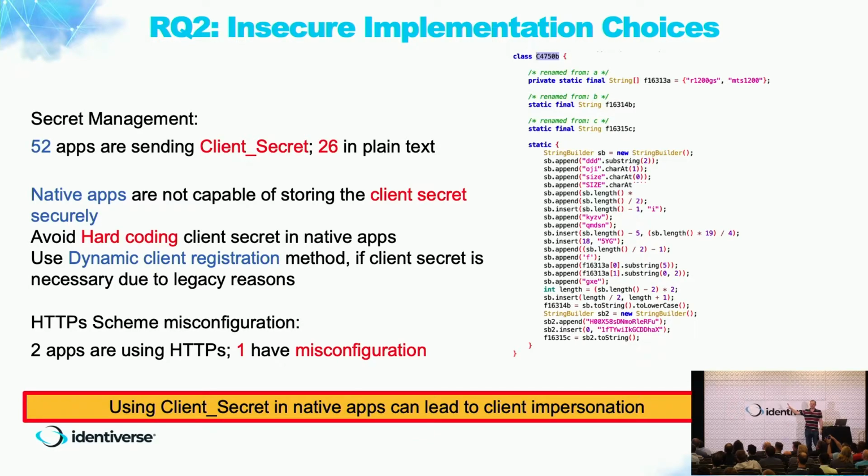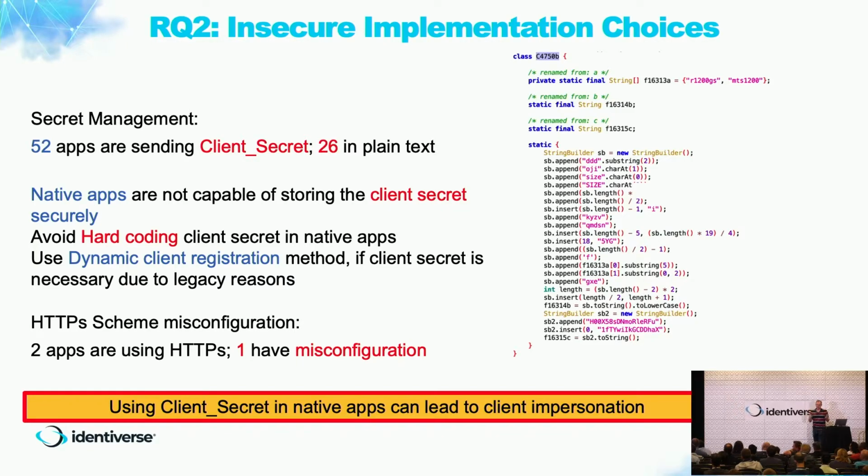It literally takes 30 seconds to extract it from an app. You can't secure secrets in a mobile app, so you shouldn't try. Well, that's not entirely true, but that's a very different talk. There are ways to avoid using client secrets in general, but again, we're getting down into the weeds when we talk about that.